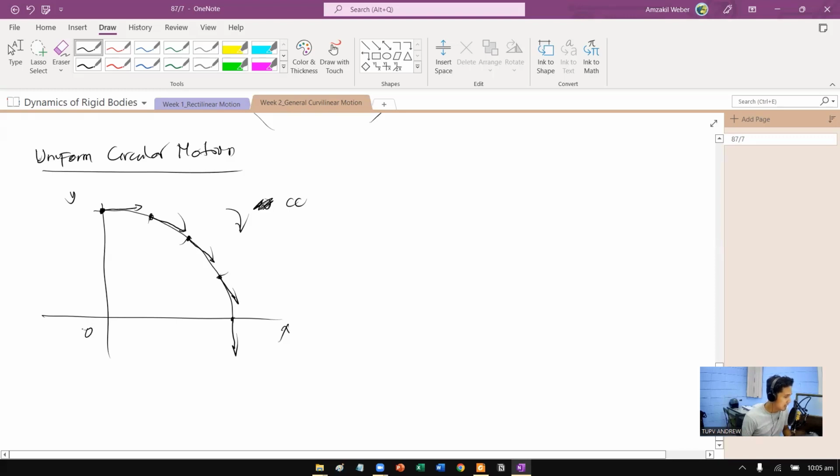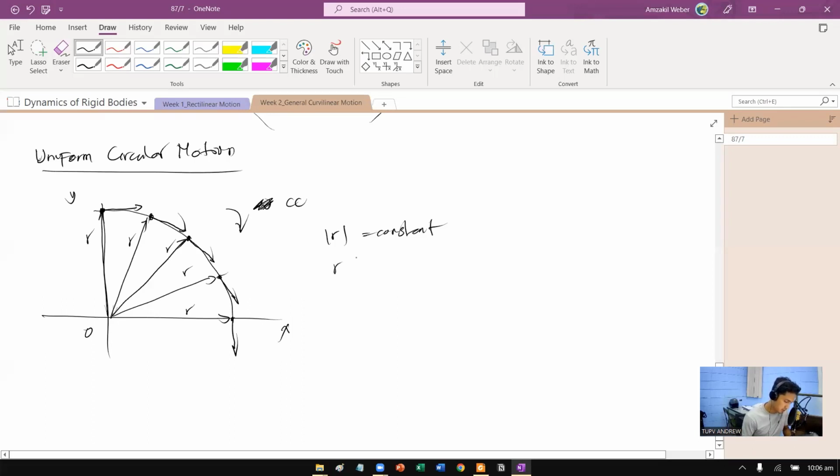So what conclusions can we draw from this? First of all, our position, which is the radius R, is changing, but the magnitude is constant.